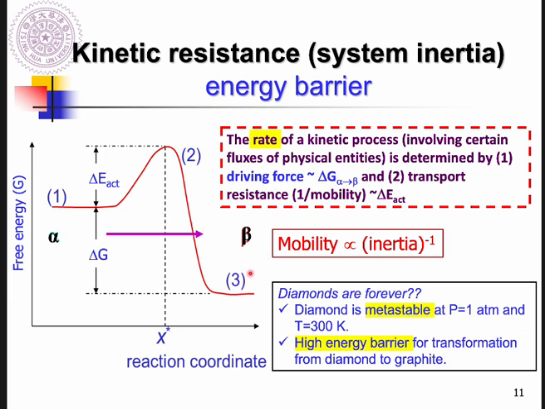But how much time does it take? Most of us haven't had the chance to see our diamond ring converted to graphite, right? That means the energy barrier for this phase transformation from diamond to graphite is pretty high, so most of us haven't had the chance to visualize this transformation.